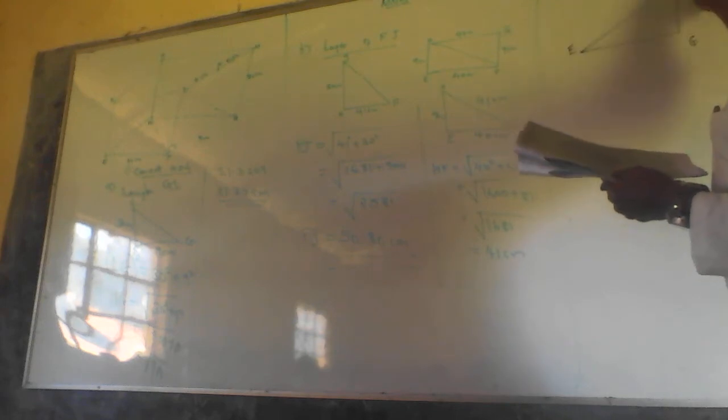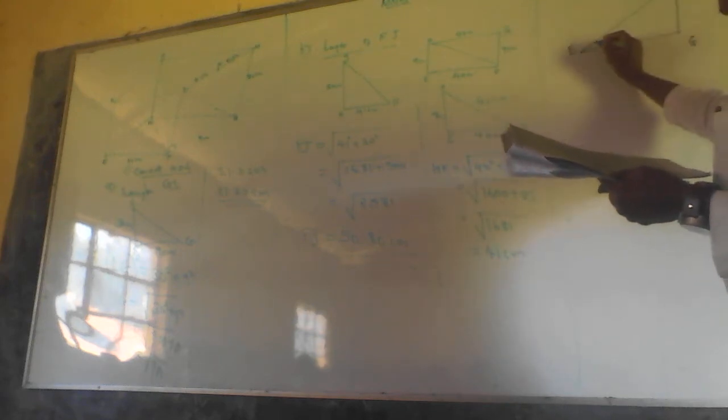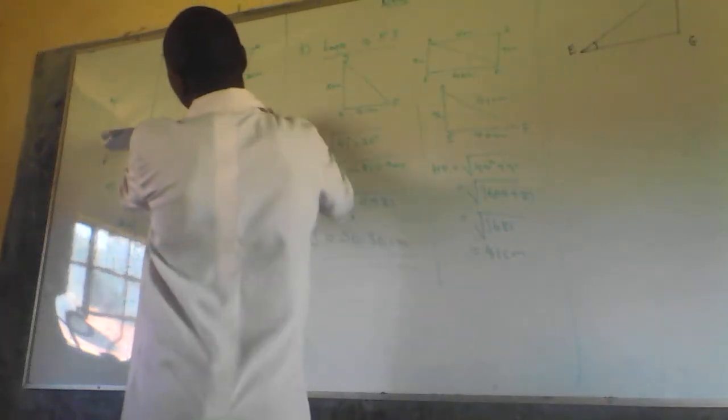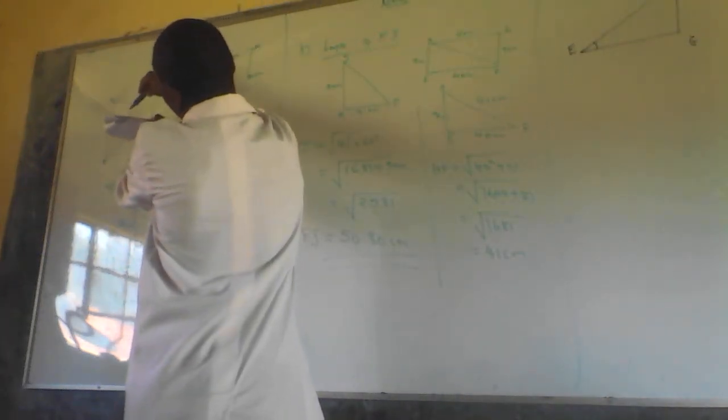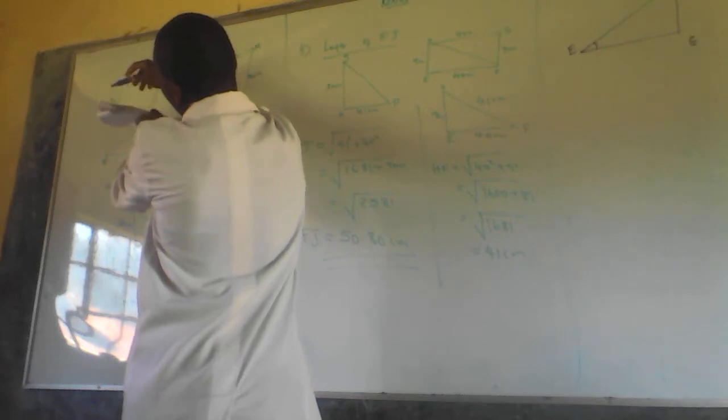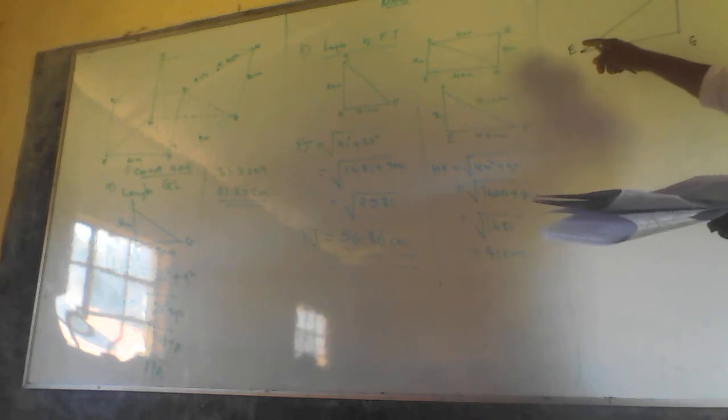So you have to find the angle between EM and the plane. So this is the angle. If we have this as the surface, then we put a line there, so it means we are getting the angle between this line and its surface, and that is the same as the angle between the line EM and the line EG.